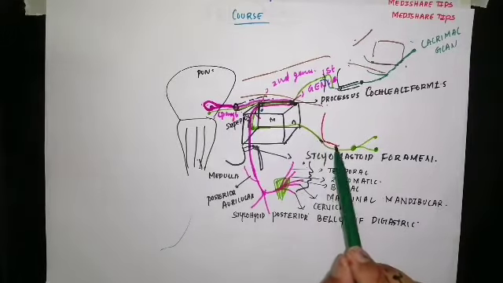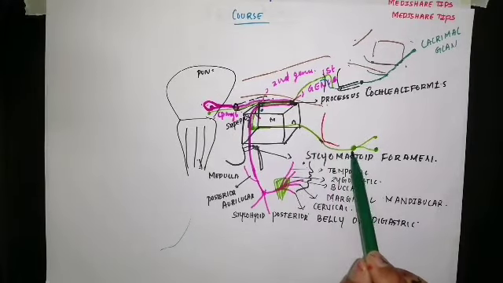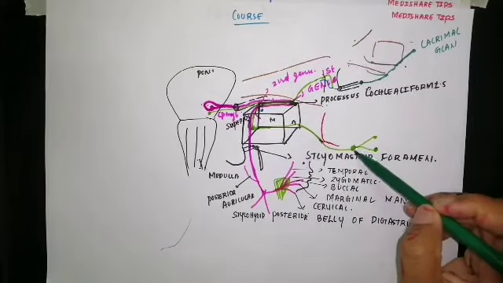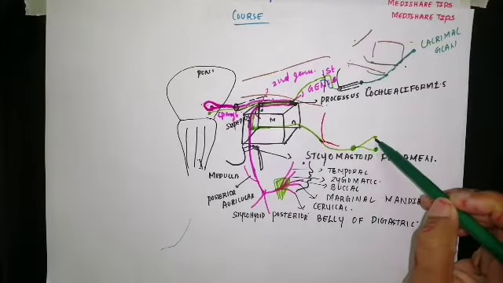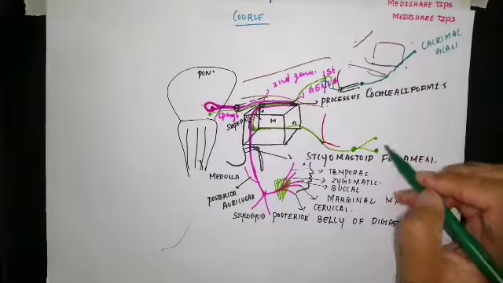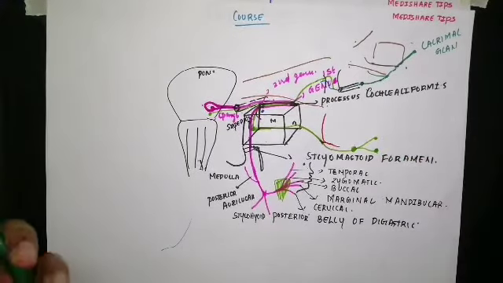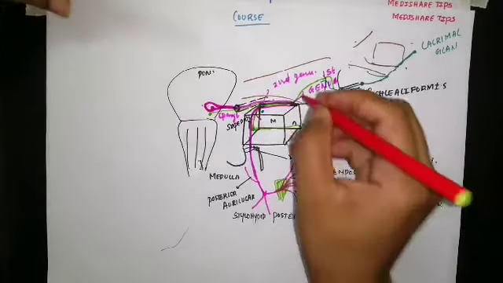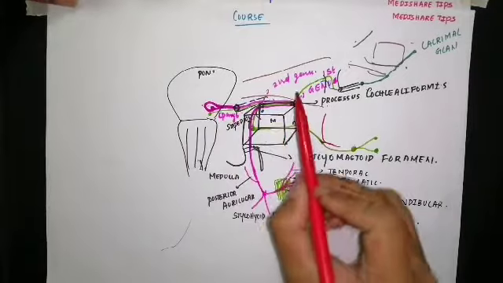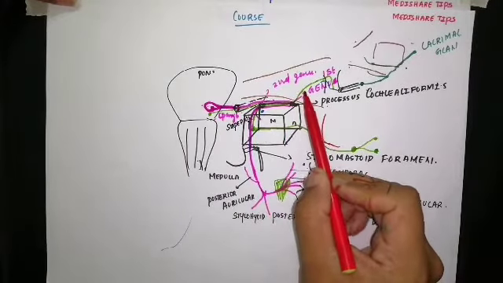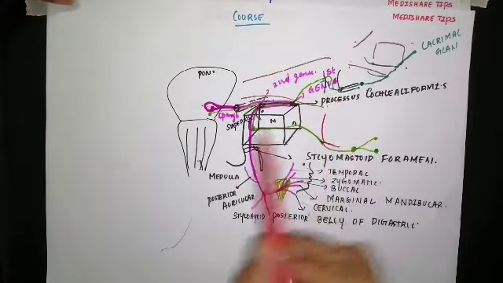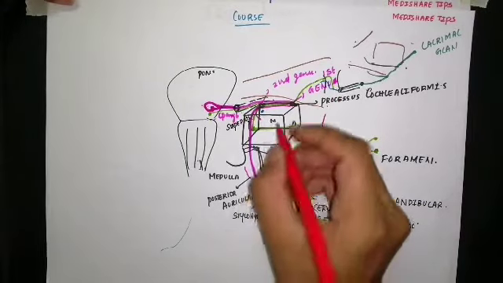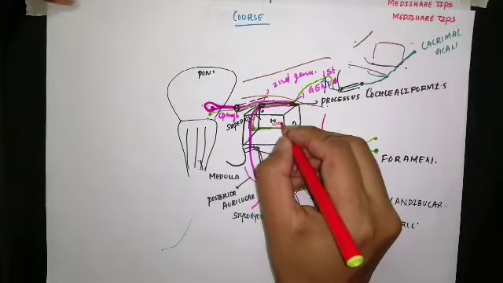The postganglionic parasympathetic fibers from the submandibular ganglion supply the submandibular and sublingual salivary glands. So that is all about the parasympathetic division. The parasympathetic fibers are carried by two branches, that is the greater superficial petrosal nerve and the chorda tympani.